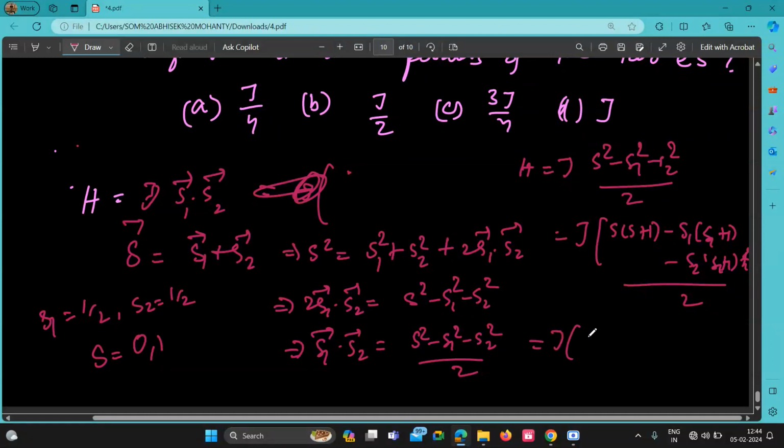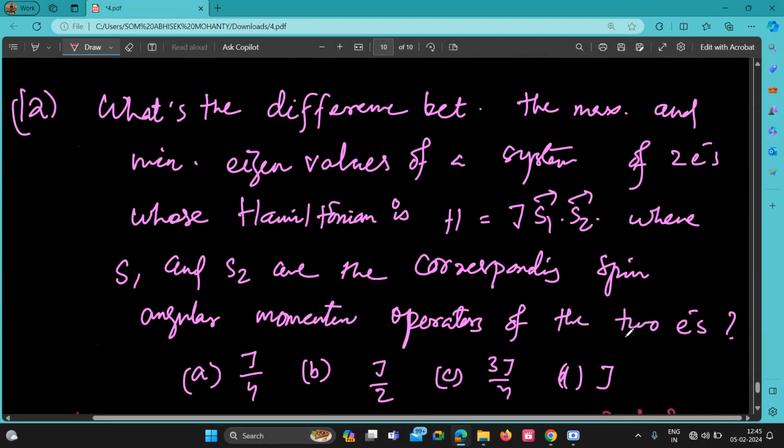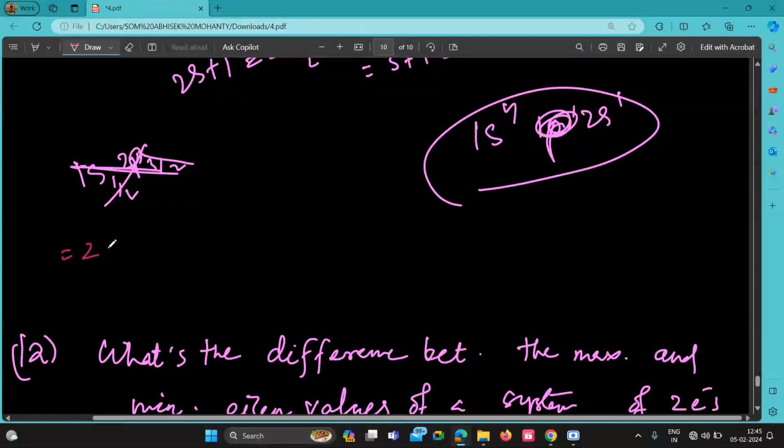So J times, first for S equal to 1: 1 times (1+1) minus half times (half+1) minus half times (half+1), ħ squared, divided by 2. If you calculate this, that will be (2 minus 3/4 minus 3/4) ħ squared by 2.